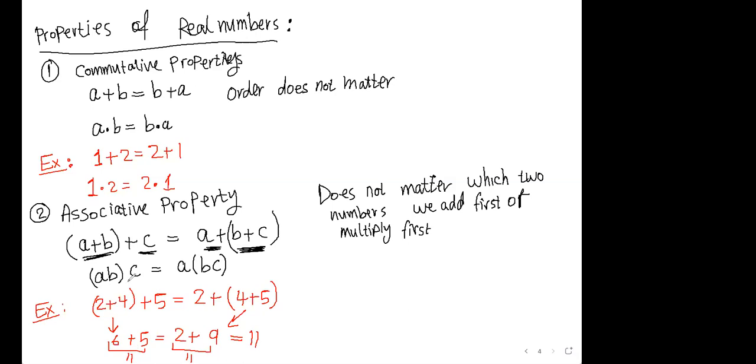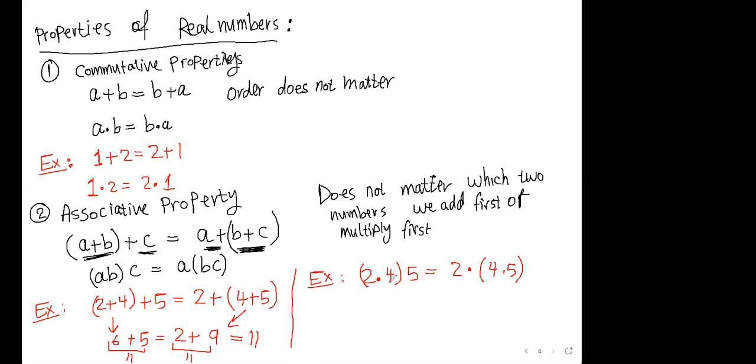Same thing for multiplication. Let me give another example for multiplication, using the same numbers, 2, 4, 5. So 2 times 4, all of that times 5, is the same as 2 times 4 times 5.